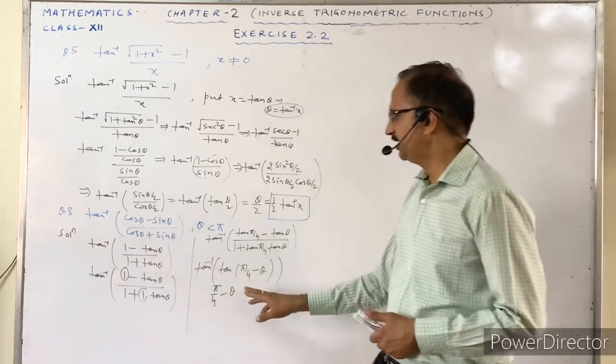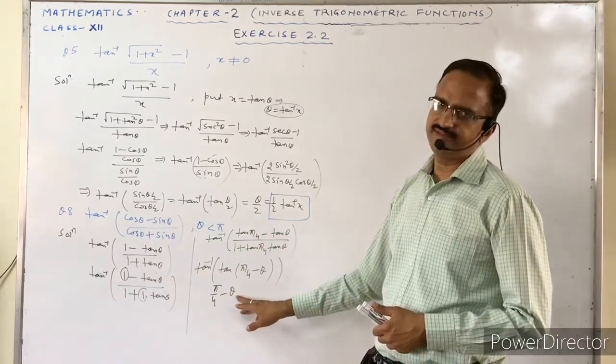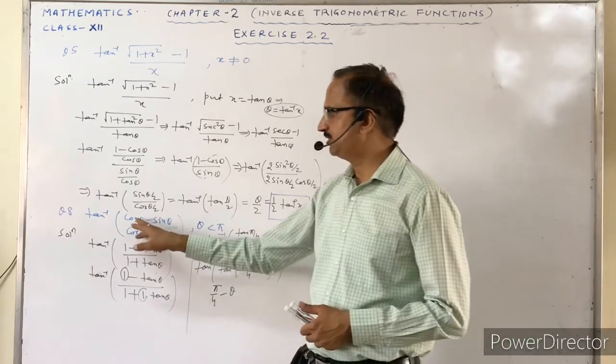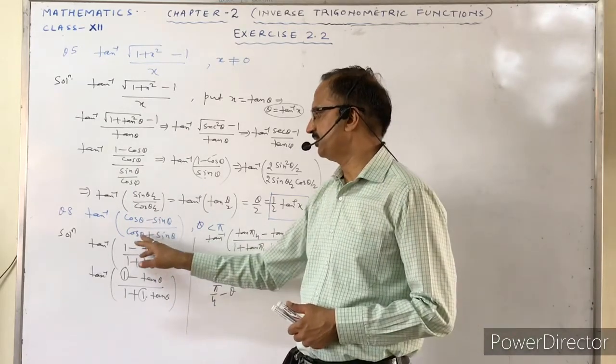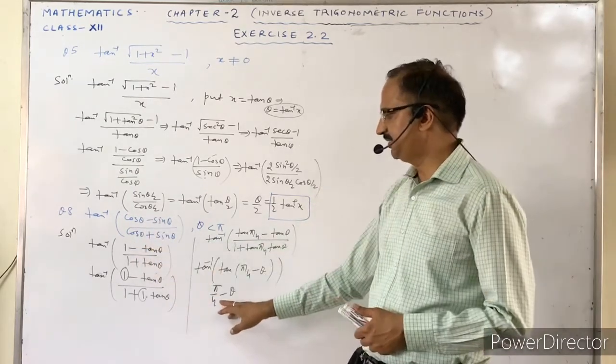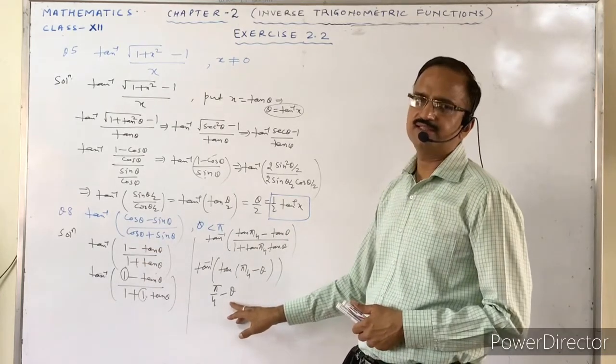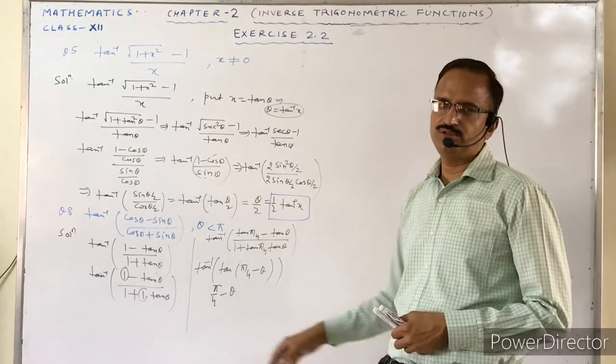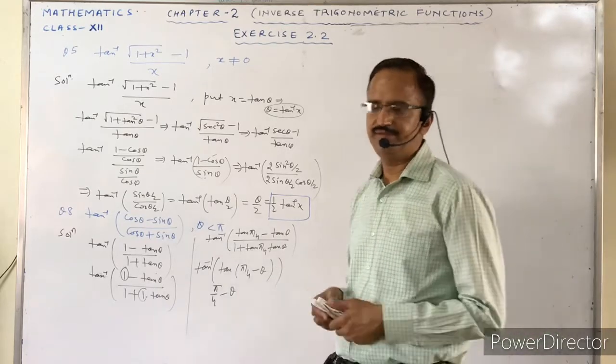If it is cos x minus sin x upon cos x plus sin x, then in the result also we have x, and this becomes pi by 4 minus x. There is no change, only the variable is different.